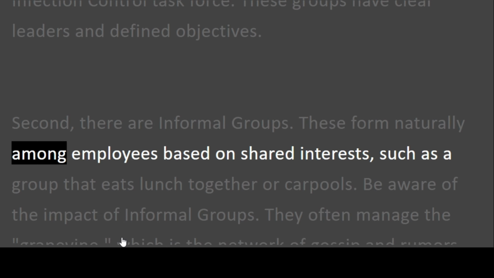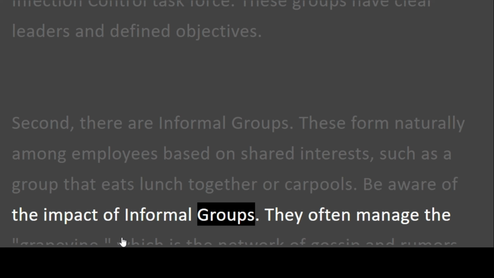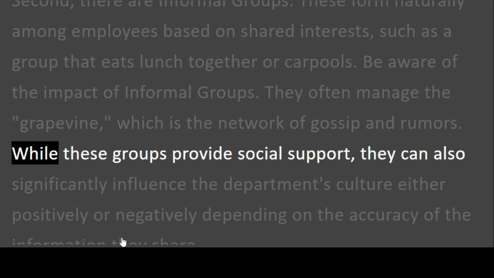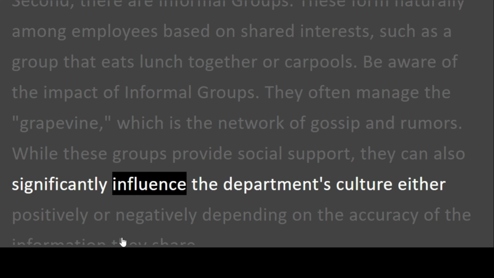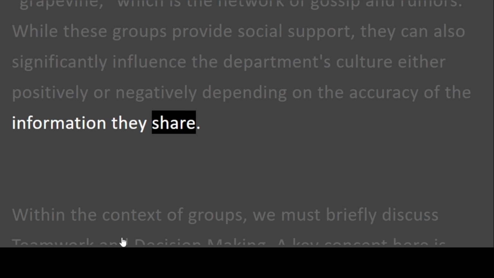These form naturally among employees based on shared interests, such as a group that eats lunch together or carpools. Be aware of the impact of informal groups. They often manage the grapevine, which is the network of gossip and rumors. While these groups provide social support, they can also significantly influence the department's culture either positively or negatively depending on the accuracy of the information they share.